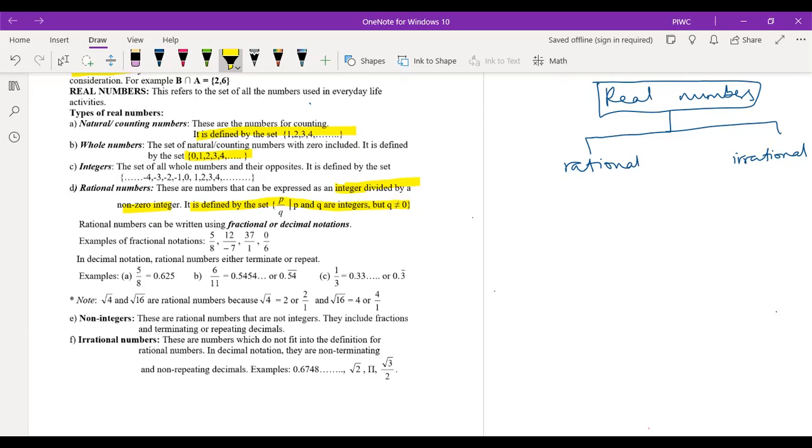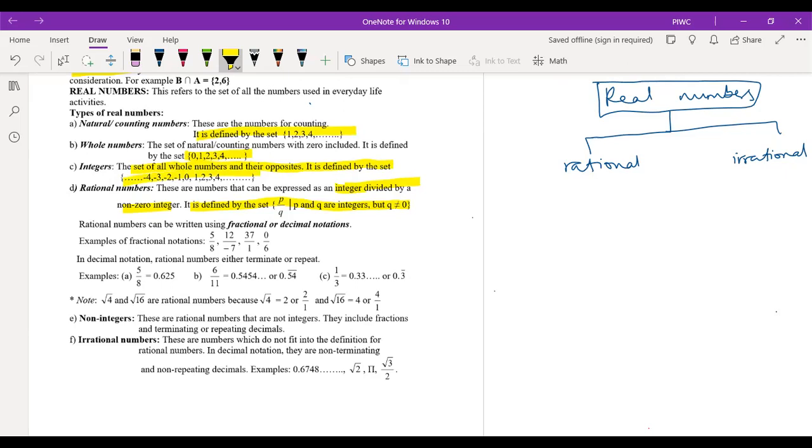The integers are the set of whole numbers and their opposites. So we define them by 0, 1, 2, 3, 4, and so on, or negative numbers: -1, -2, -4, all the way to infinity. Those are the integers: whole numbers and their opposites.